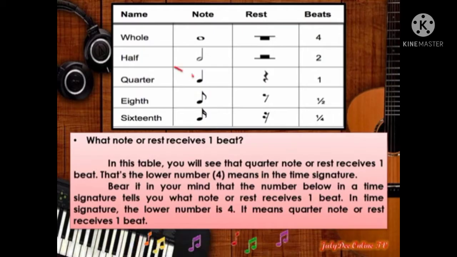In this table, you will see that quarter note or rest receives 1 beat. That's what the lower number 4 means in the time signature. Bear it in your mind that the number below in a time signature tells you what note or rest receives 1 beat. In time signature, the lower number is 4. It means quarter note or rest receives 1 beat.